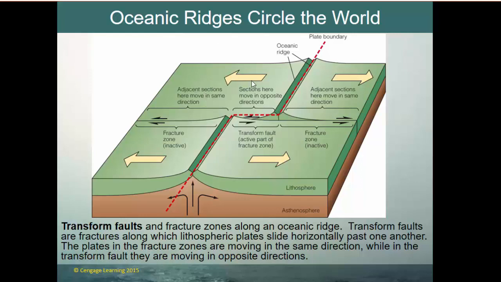So it means that these two chunks of the plate are moving in the same direction, and these two chunks of the plate are moving in the same direction, but at this transform fault, the plates are moving in opposite directions. Now, here the plates are moving in opposite directions, and that's a fault. In this location, these plates may be moving in the same direction, but they could also be moving at different rates. And so that's your fracture zone, and that's your transform fault.